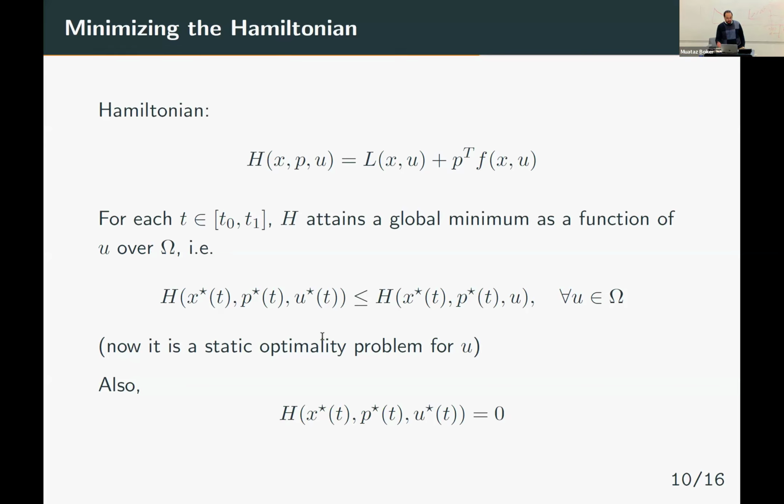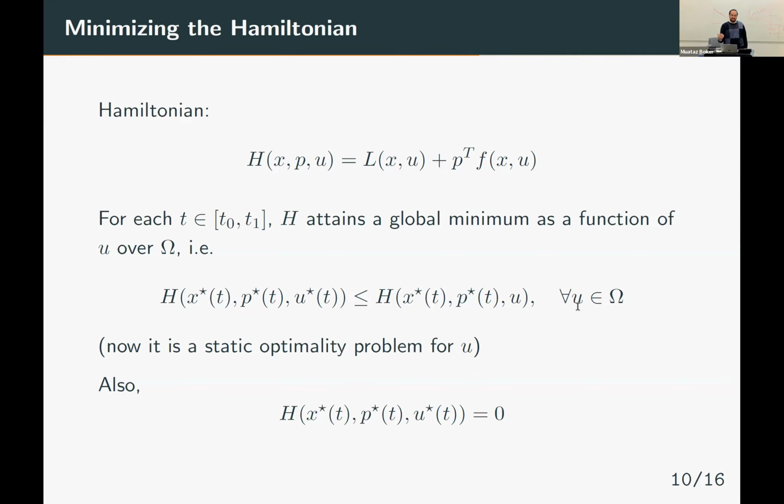And what do we mean by global? We mean that the Hamiltonian at the optimal point is always less than or equal to the Hamiltonian at any U. So the Hamiltonian at U star is always less than or equal to the Hamiltonian at any U, for all U belonging to the set of constraints.